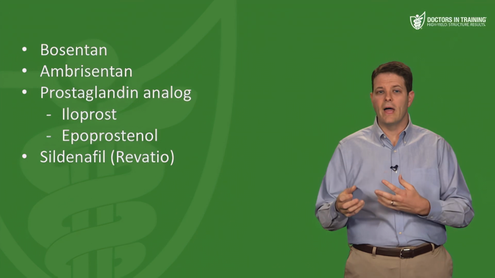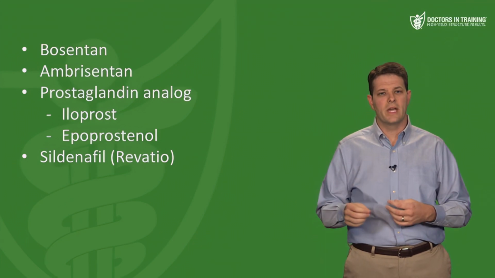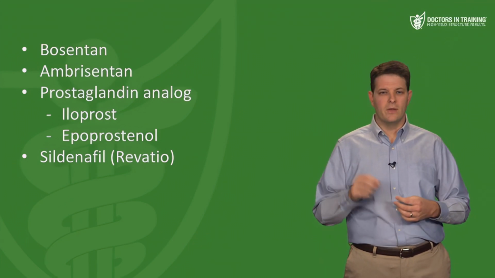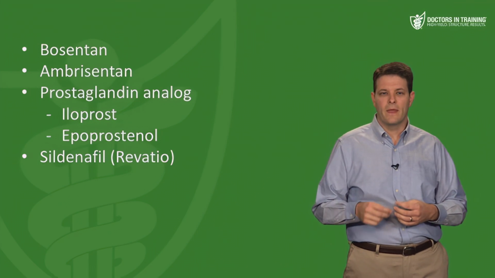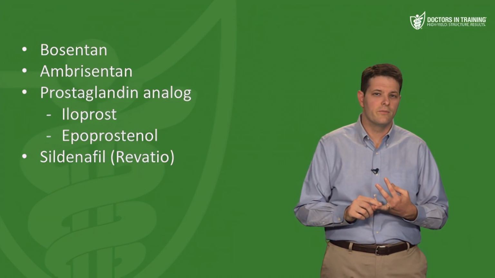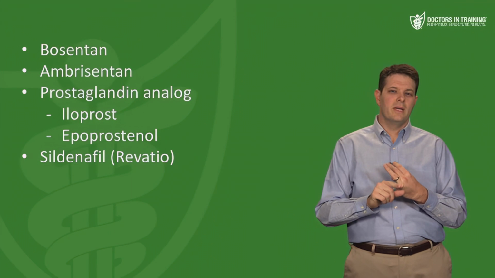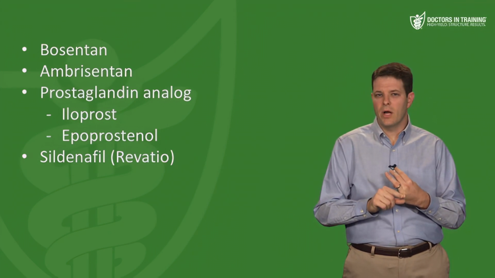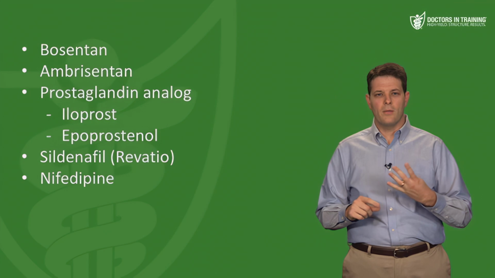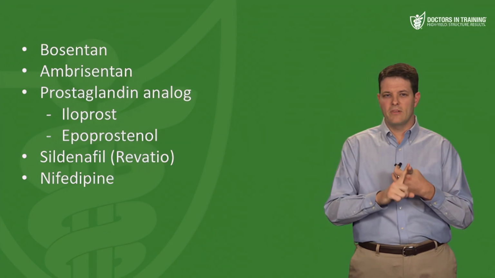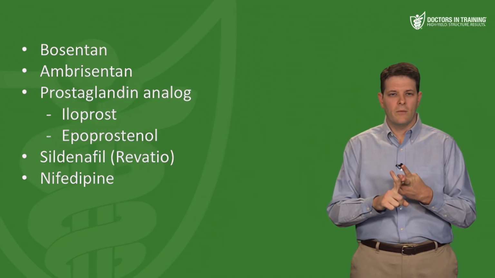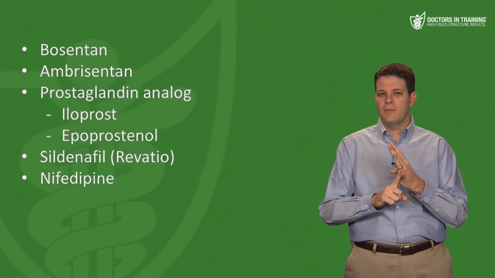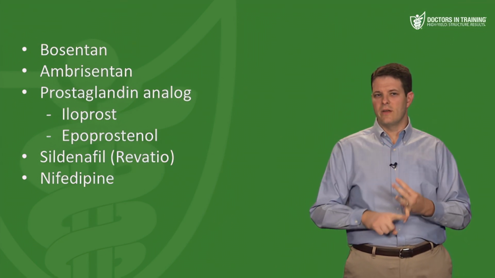Now, it's not called Viagra for this purpose. The brand name for this indication is Revatio. It's a phosphodiesterase inhibitor, and that causes vasodilation also. And then a fourth option would be a dihydropyridine calcium channel blocker like nifedipine. So again, the four options are a sentan like bosentan or ambrisentan, a prostaglandin analog, sildenafil, or a dihydropyridine calcium channel blocker such as nifedipine.